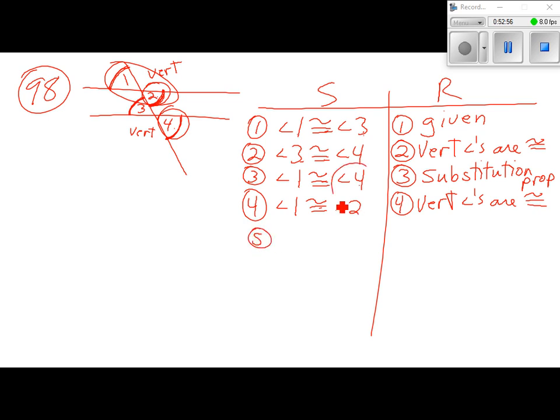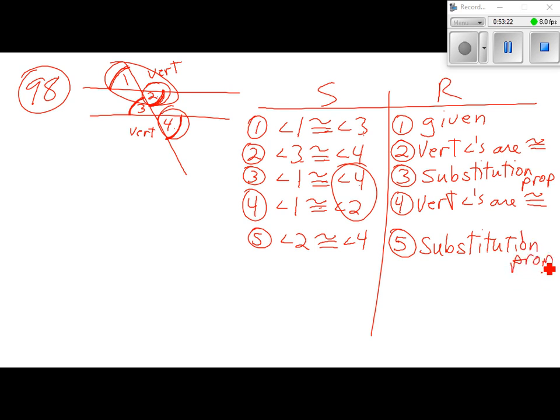Well, that tells me that these two have to be congruent, so, and I'm going to write it in the correct order so I don't have to use symmetric property. Angle 2 is congruent to angle 4, and all we used there was substitution property. Took out one thing, stuck something else into place. Hopefully that helps a little bit.